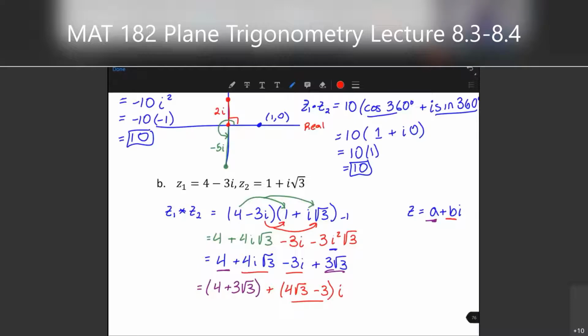So this would be the simplification in a standard form there, just to look at that product.